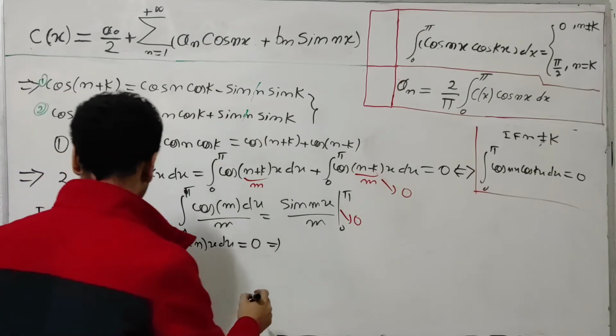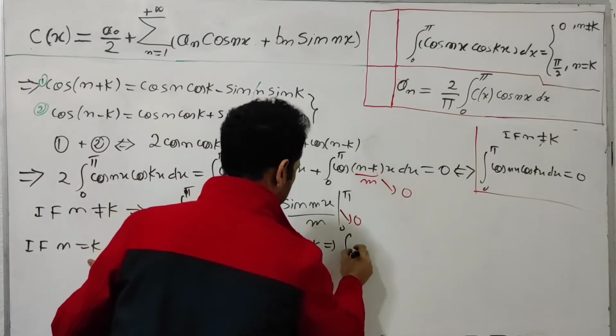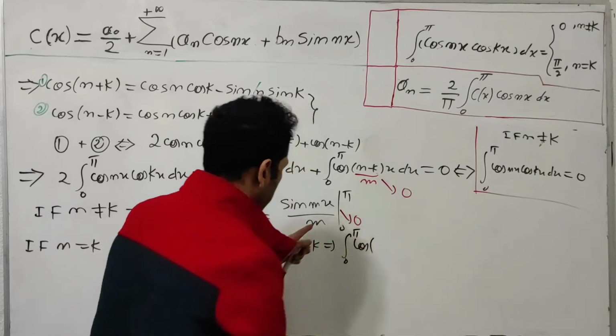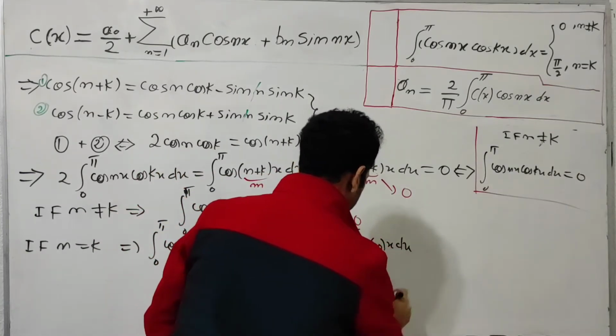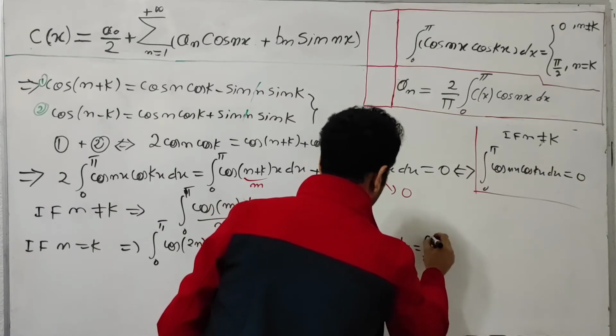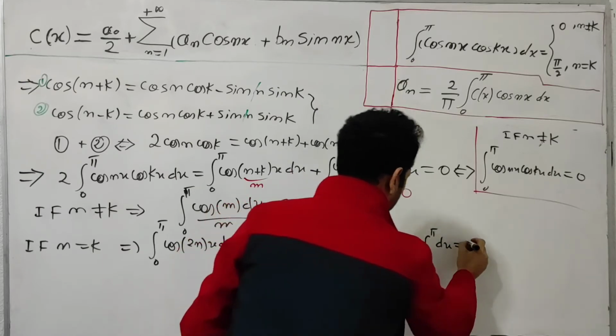But the second integral will be different. As you're replacing k with n, the second integral as x goes from 0 to pi of cosine of n minus n, which is 0, times x dx. As we know, cosine 0 equals 1, that means our integral as x goes from 0 to pi will be dx, so it will be pi.